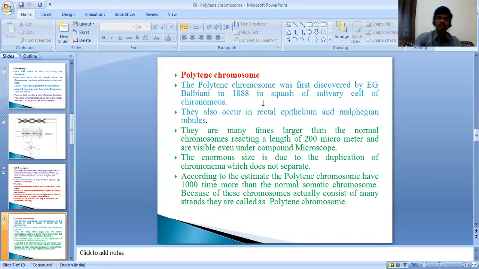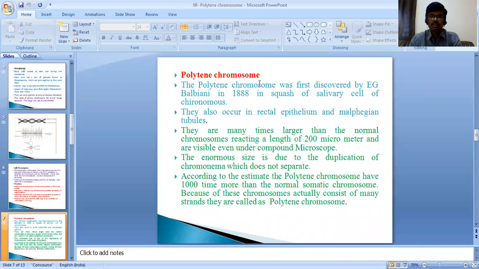Next, second one is polytene chromosomes. The polytene chromosome was first discovered by E.G. Balbiani in 1882 in salivary glands of Chironomus larvae. ही जे आपण गांडूळ म्हणतो का नाही गांडुळीमध्ये हा पॉलिटिन क्रोमोझोम्स आढळून येत असतो.